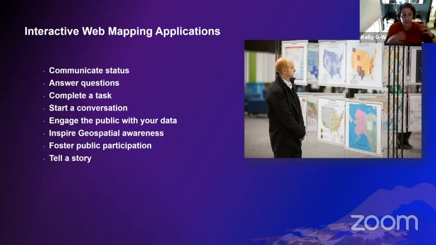Because they are maps, you can inspire a conversation of geospatial awareness. And of course, you can also tell a story. With StoryMaps, we saw some great examples of that today, and in the plenary today, I was blown away by that story map showing them walking across the world.